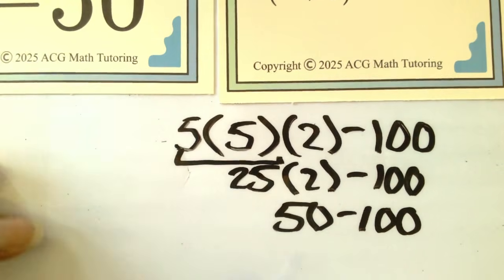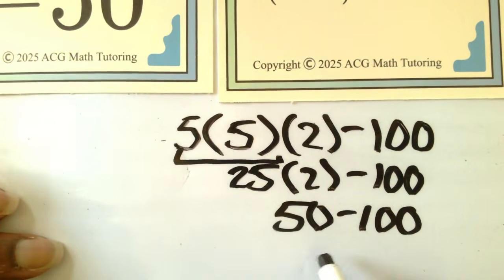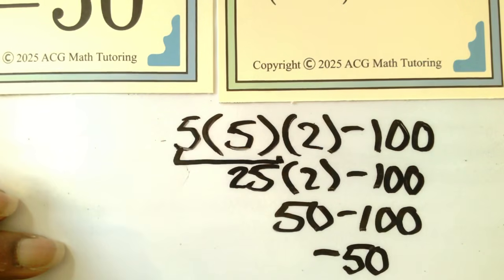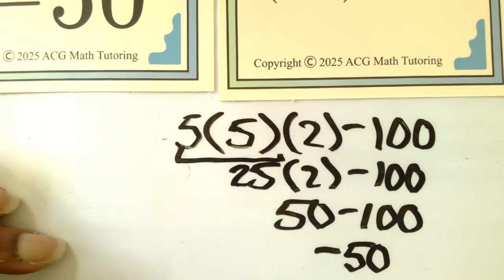And then 50 minus 100. Okay, that will be negative, because this is actually saying 50 plus negative 100. So if you owe somebody $100 and you gave them 50, that means you still owe them $50.